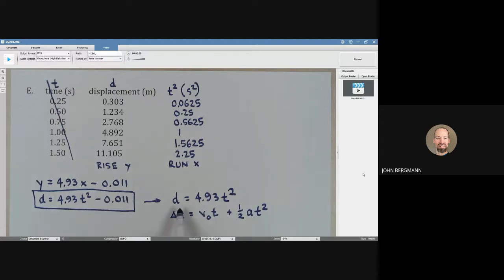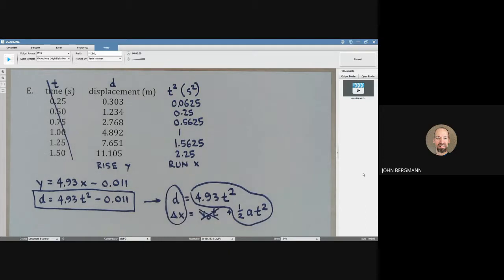And do these two equations relate to each other? Well, that looks a lot like that. V naught, perhaps we're told in the problem that this thing started from rest. Well, if it started from rest, then V naught is 0. And that means that those two terms are the same thing.